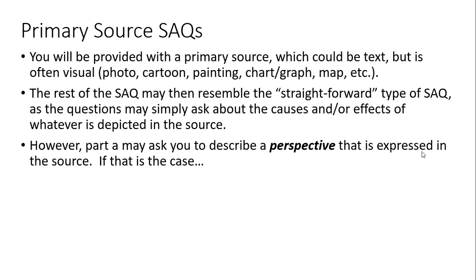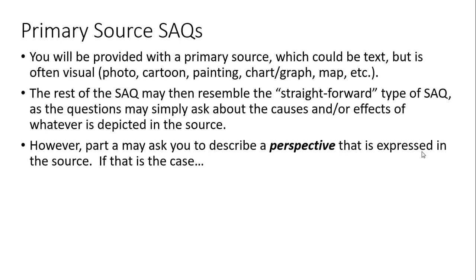Now, to be fair, usually it's not a chart, graph, or map. Maps don't express perspectives, but photographs can. Political cartoons absolutely can. Even a painting can. And certainly a primary source text could. A speech that someone gave certainly could express a perspective.